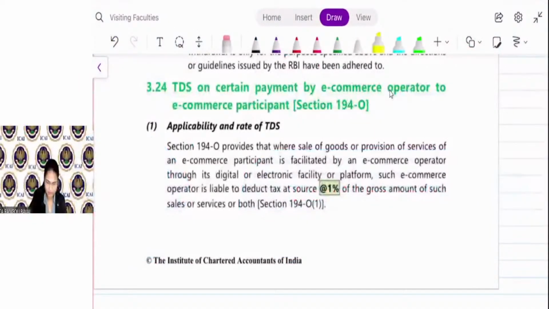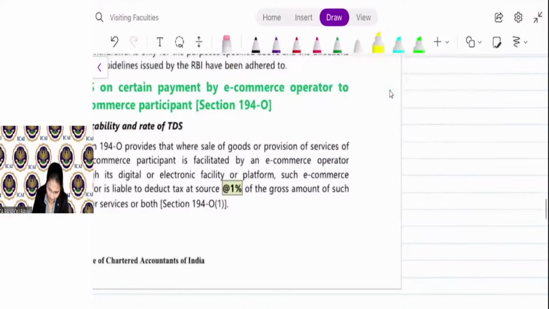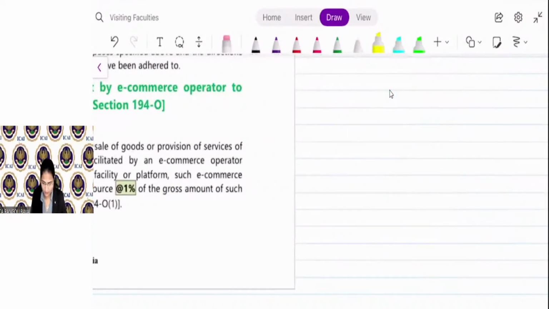Section 194O. TDS on certain payment by e-commerce operator to e-commerce participants. Now here what happened, my dear friends. I'll give you an example of Flipkart.